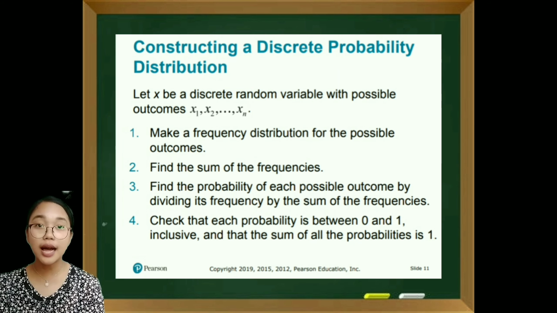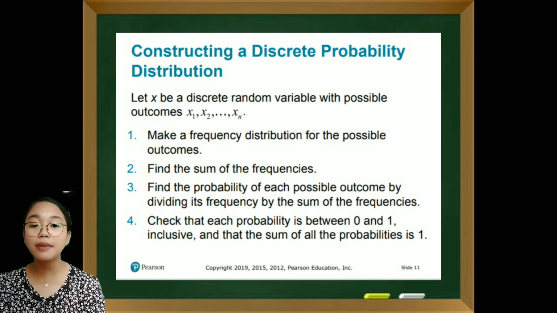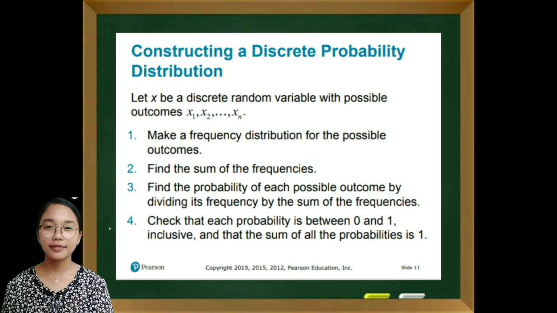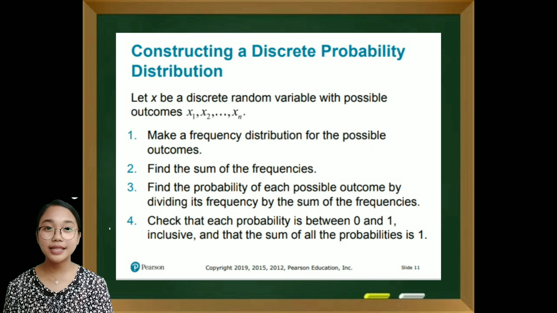Second, find the sum of the frequencies. Third, find the probability of each possible outcome by dividing its frequency by the sum of the frequencies. Fourth, check that each probability is between 0 and 1 inclusive, and that the sum of all the probabilities is 1. Since you already know how to construct a discrete probability distribution, now let's have an example.